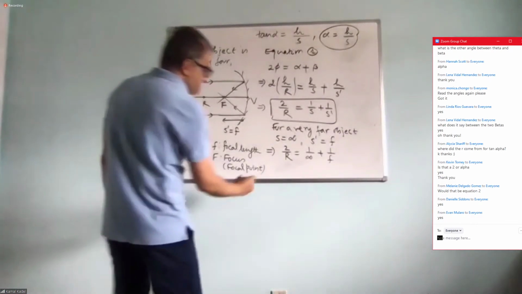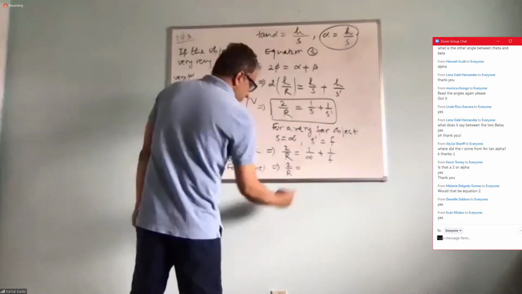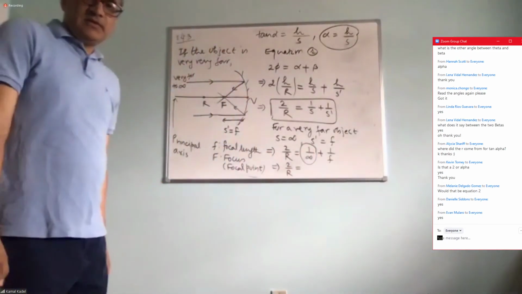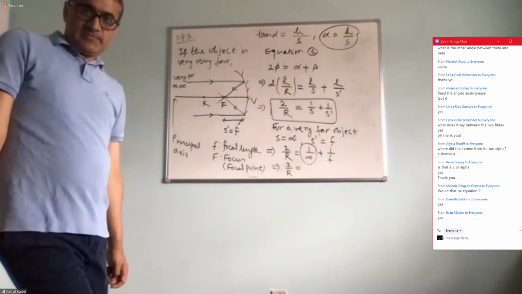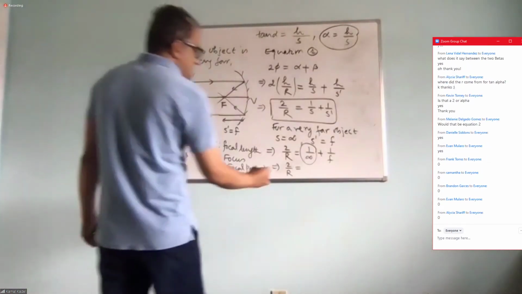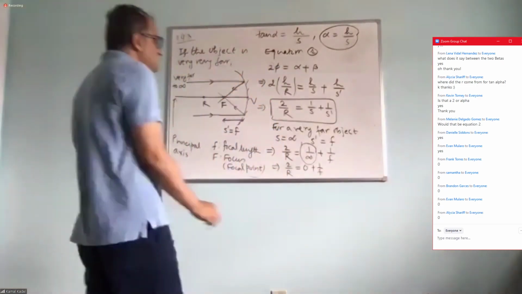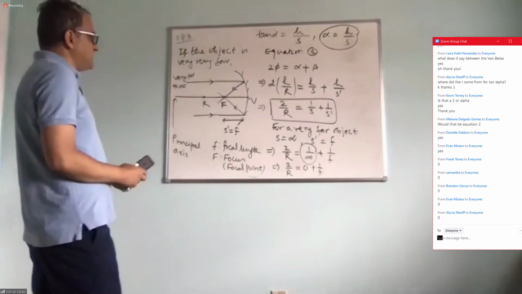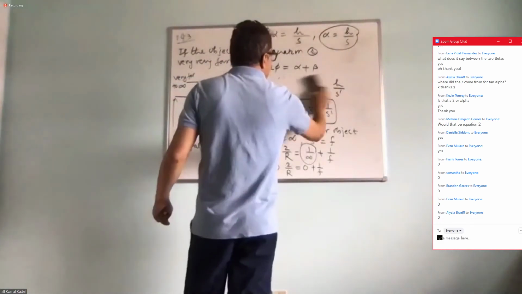Anything divided by infinity is 0. So this is 0 plus 1 over f. This gives us the relationship between the radius of curvature and the focal length. I can just erase only this part here.